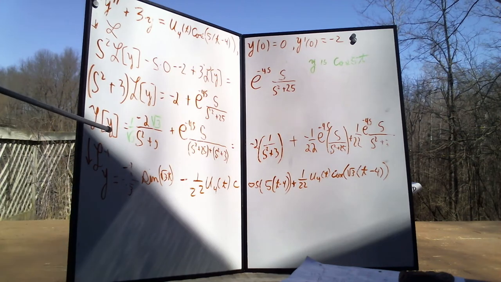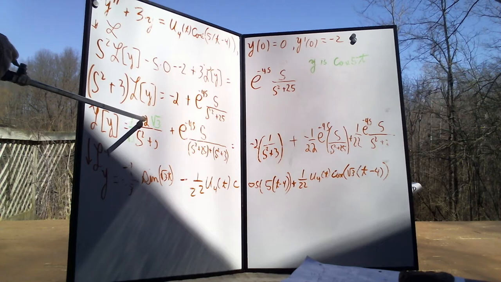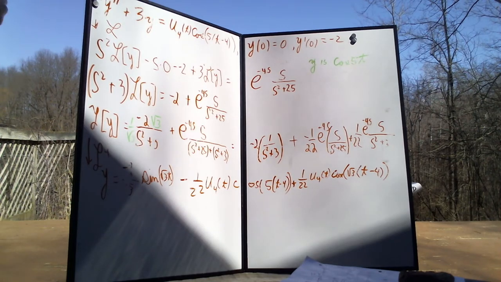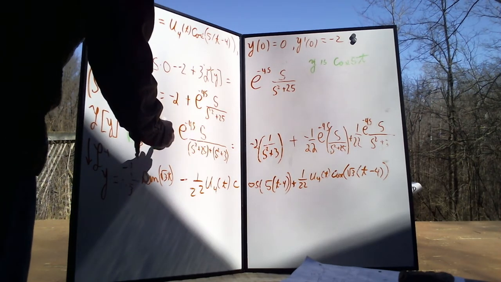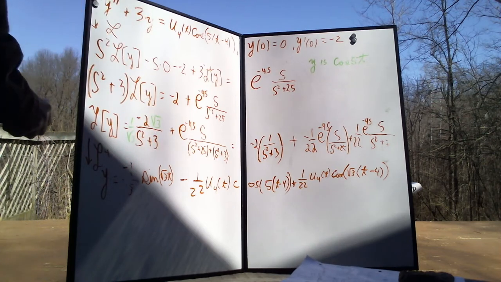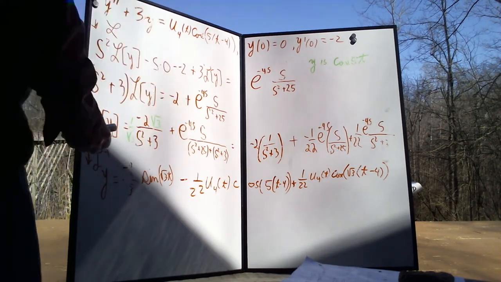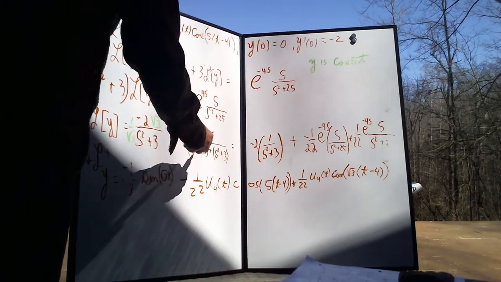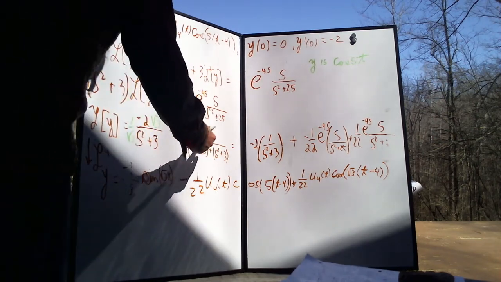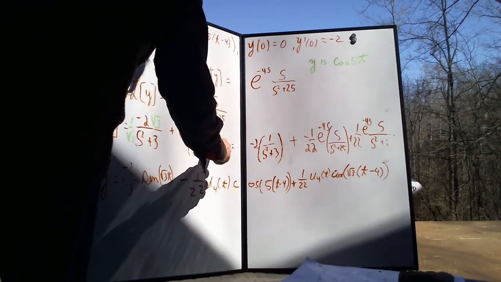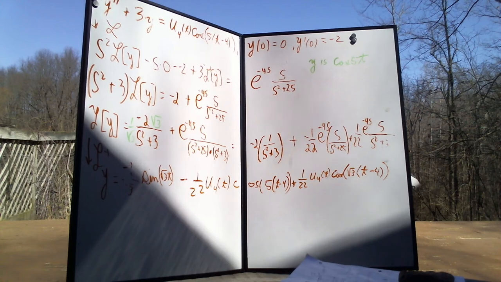Now, I can solve for L of y just by dividing by s squared plus 3. So I get a negative 2 divided by s squared plus 3. You see the paper just rubbed off a little bit of the marker. And then I've got the e to the negative 4s times s over s squared plus 25. And that's not a plus, that's a times, because I divided by s squared plus 3.